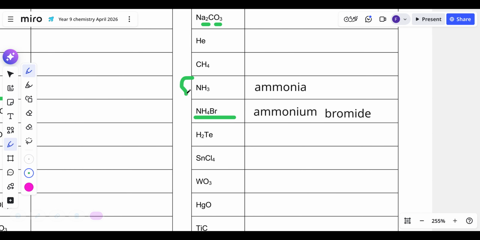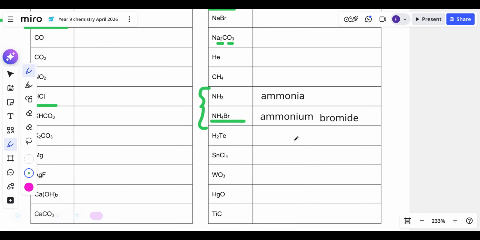These two are a nightmare. Absolutely horrid. Even year 12 hate this. And it's not because it's a complicated molecule, it may look it, but it's not. This is because of the nomenclature, the naming. Ammonia is a pungent gas. Ammonium, so here you can see the name changes. This is ammonium, got bromine on the end. It's not bromine, it's reacted, so it's ammonium bromide.